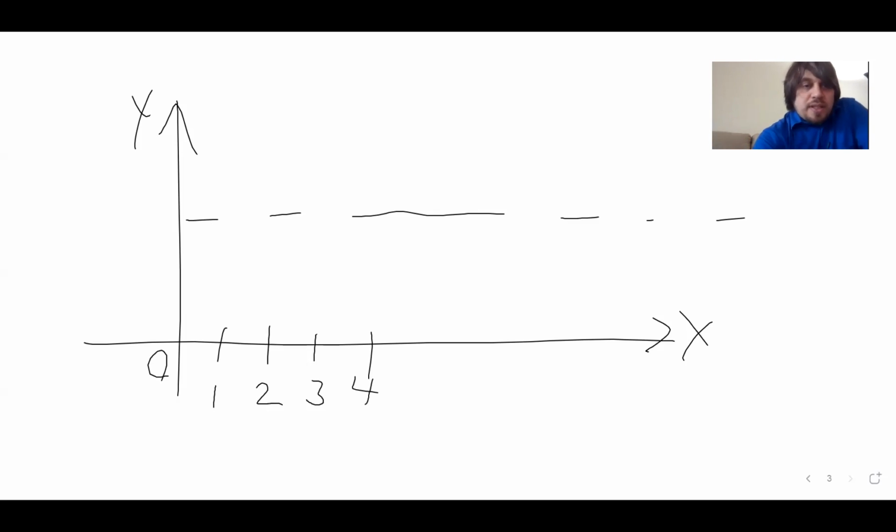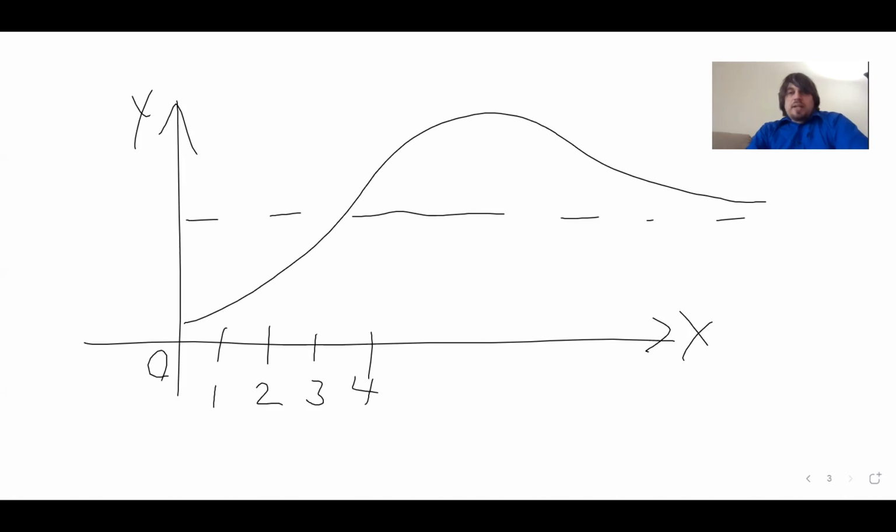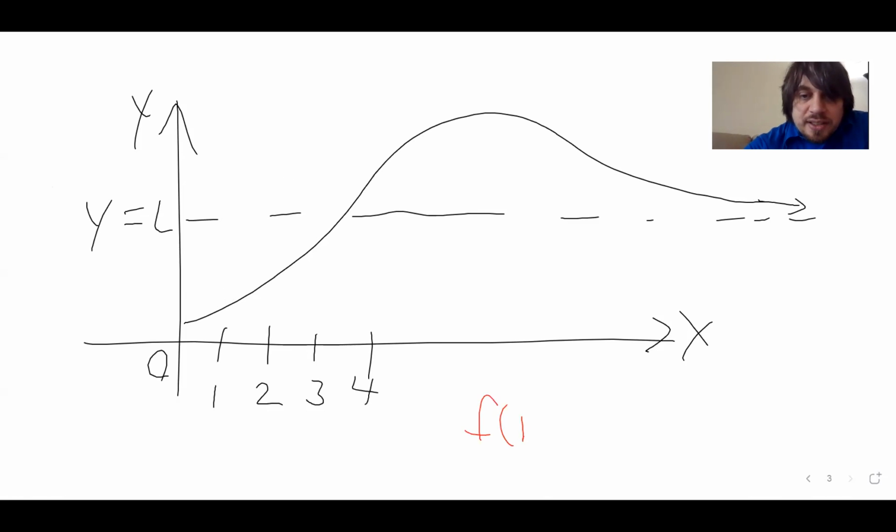Okay, and so let's say you have this graph here that looks like this, where the graph of your function has y equals L as a horizontal asymptote, right? Then if you think of the function f, right, so f of n is equal to a sub n.